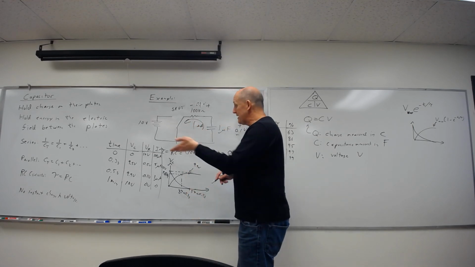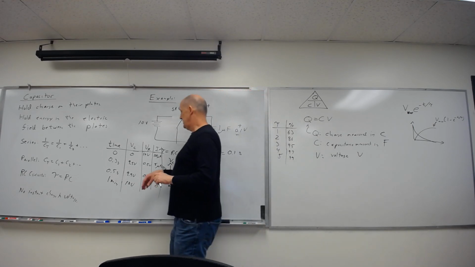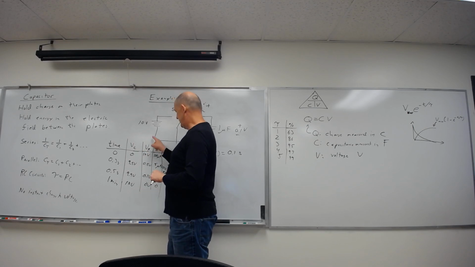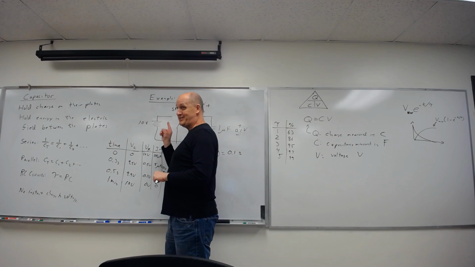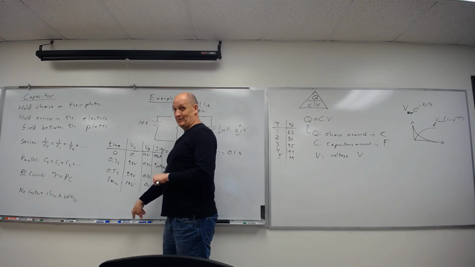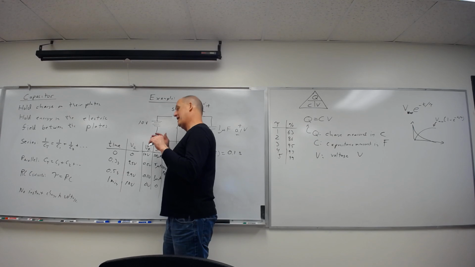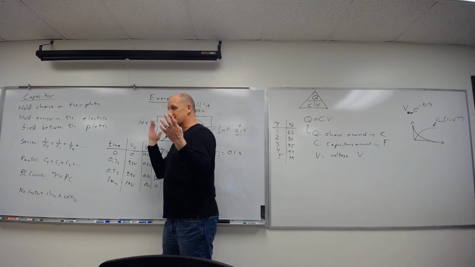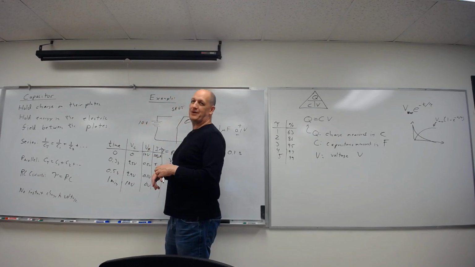So notice, when I'm charging it, this voltage is increasing, while this one decreases, and the current decreases. When I'm discharging, these two voltages are identical, so don't get caught up. I see a lot of students do that. Oh, well now my capacitor is going down, so my resistor is going up. No, it's not, because you're not connected to the battery.